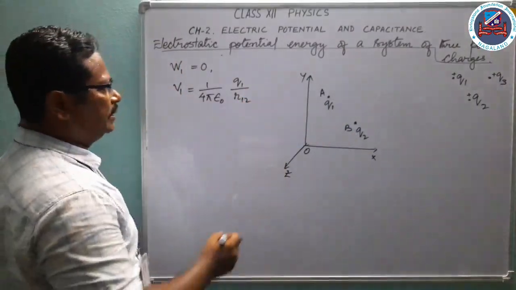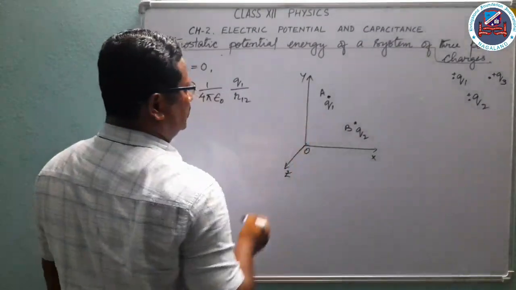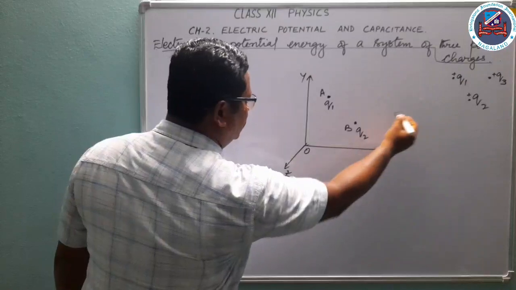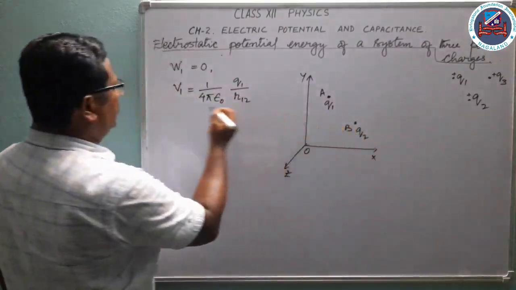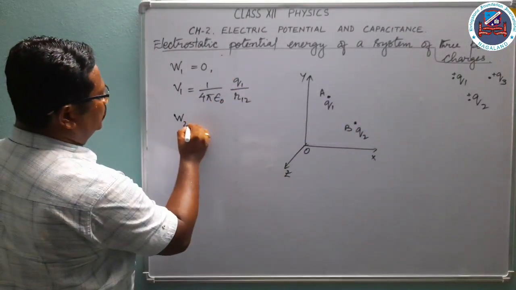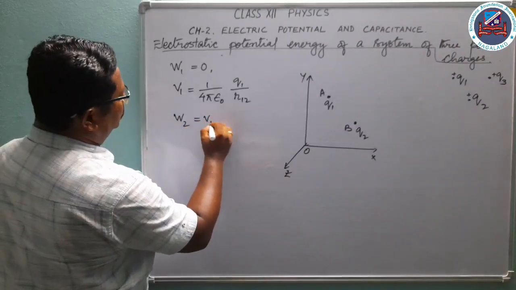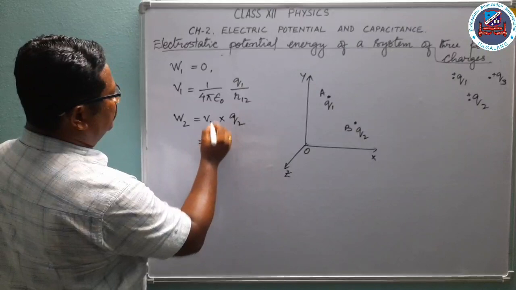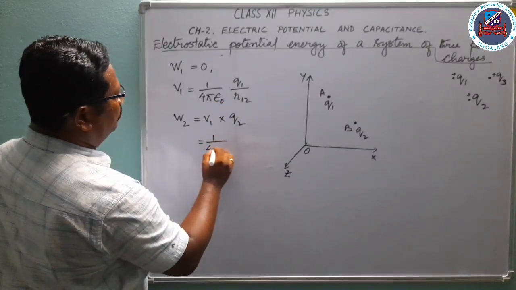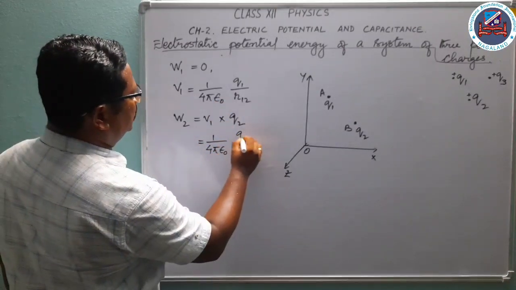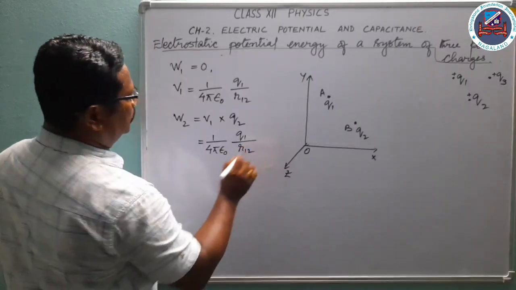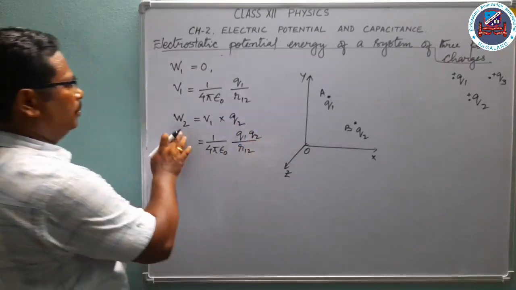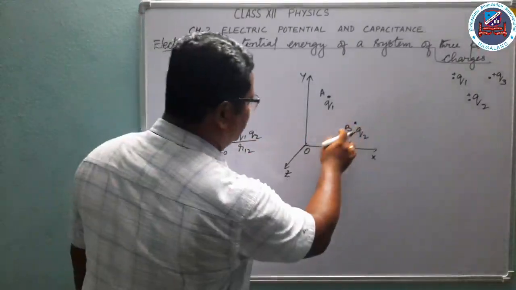This is the potential set up by A. Now when you bring charge Q2 from infinity to this point, then the work done, let us say it is W2. Then it will be V1 into the charge you have brought. Then potential V1 is 1 by 4 pi epsilon naught Q1 by R12, into Q2. This is the work done while bringing the second charge.